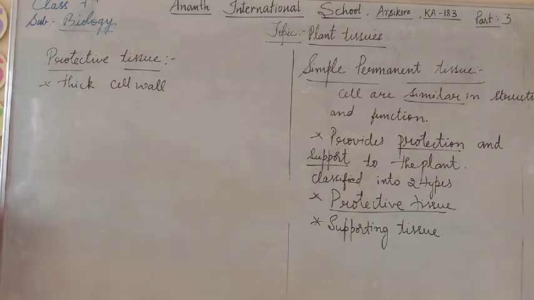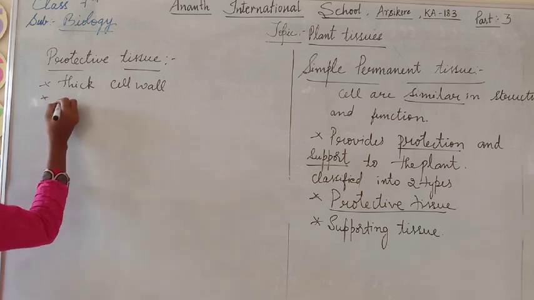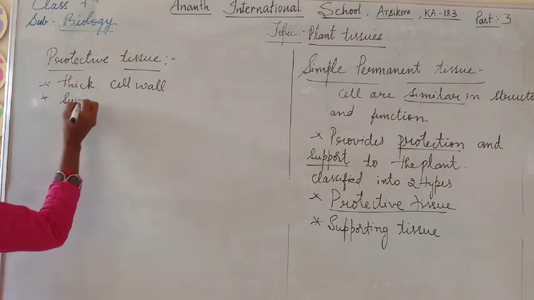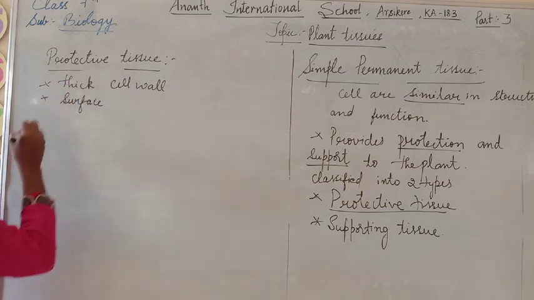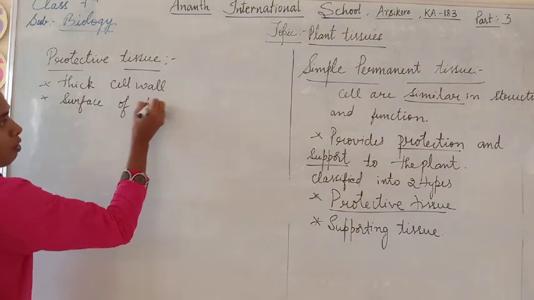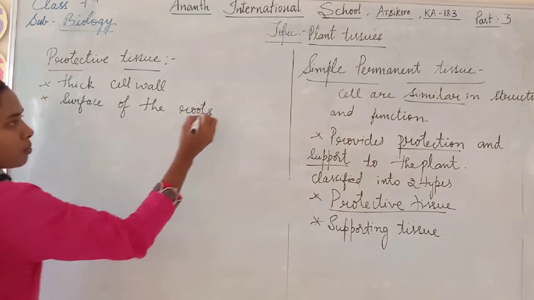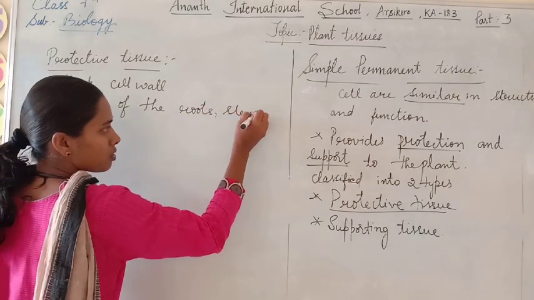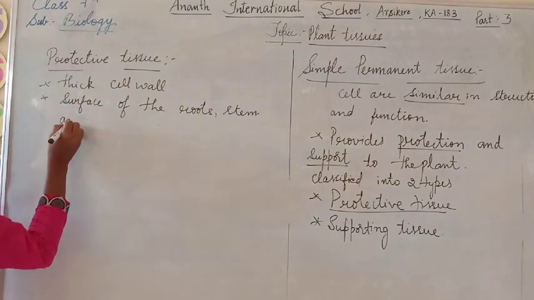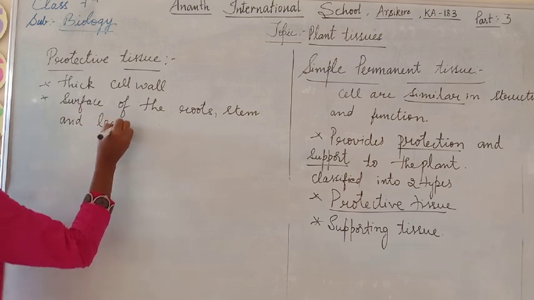And where are these protective tissues found? These protective tissues are found especially on the surface of the roots, stem and leaves.